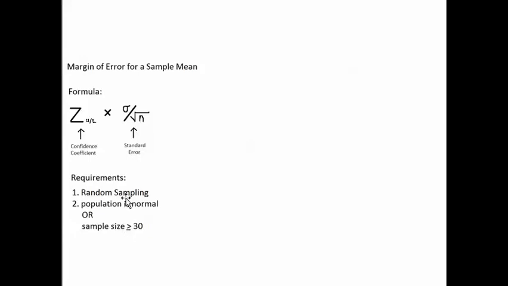Let's talk about the reasons for these rules. You have to be taking a random sample, because if you're taking a non-random sample, there's no way to actually predict how much error you will make, because it all depends on how biased the sampling process is.